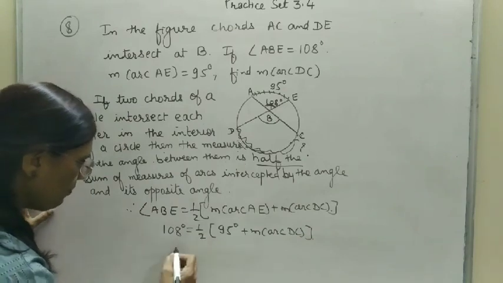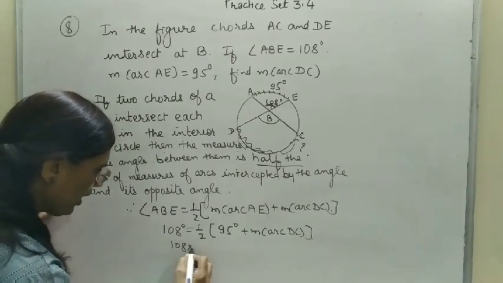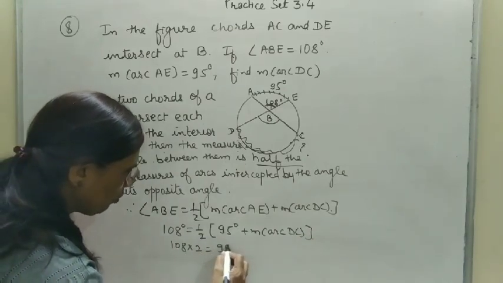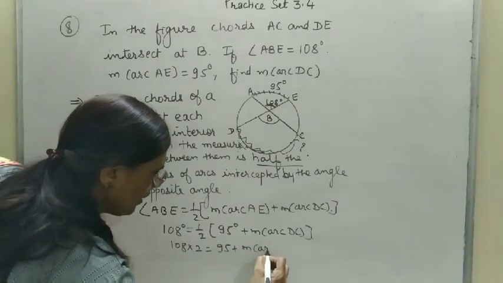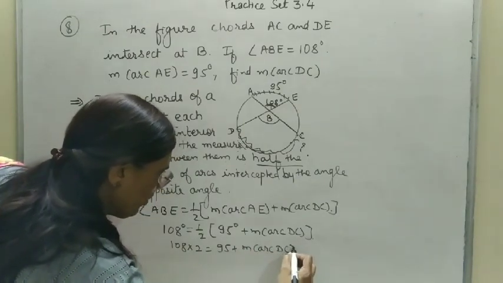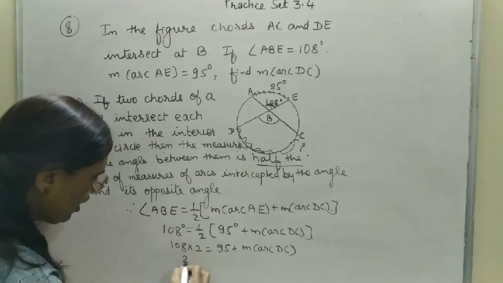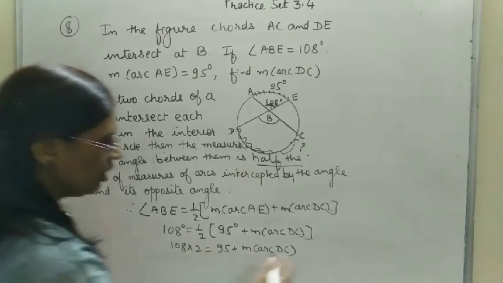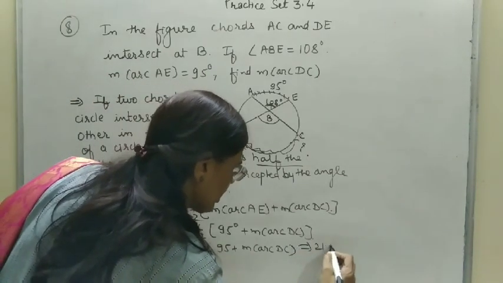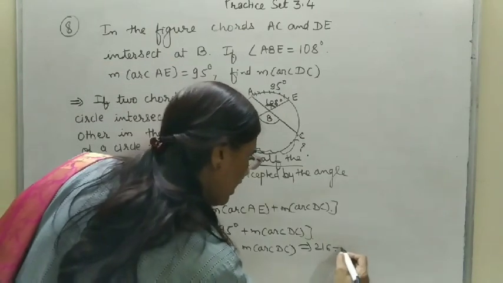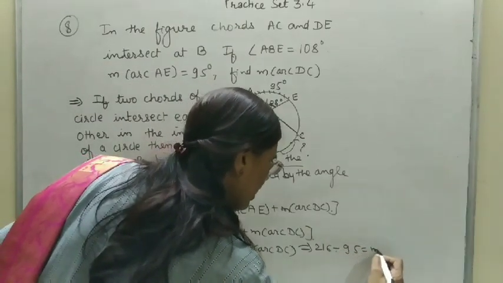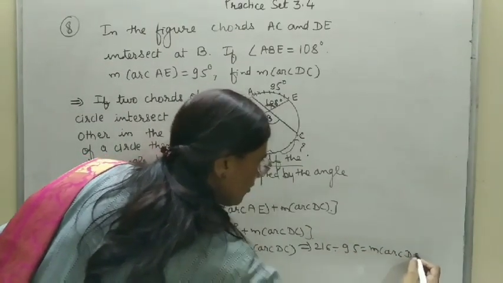So here multiply by 2, we get 216 is equal to 95 plus major arc DC. Here I will write 216 minus 95 is equal to major arc DC.